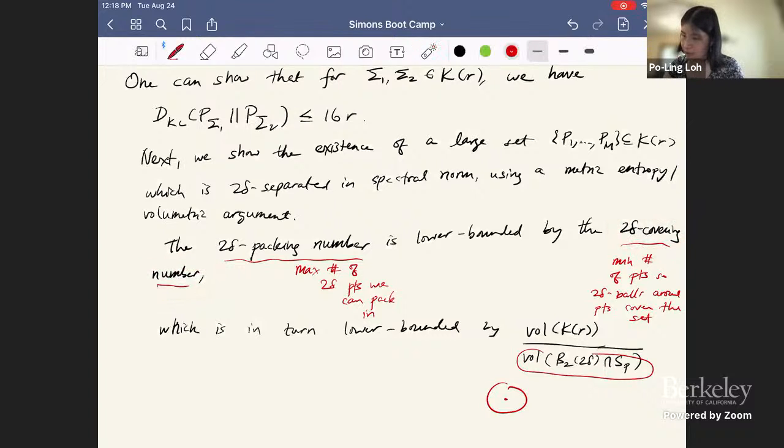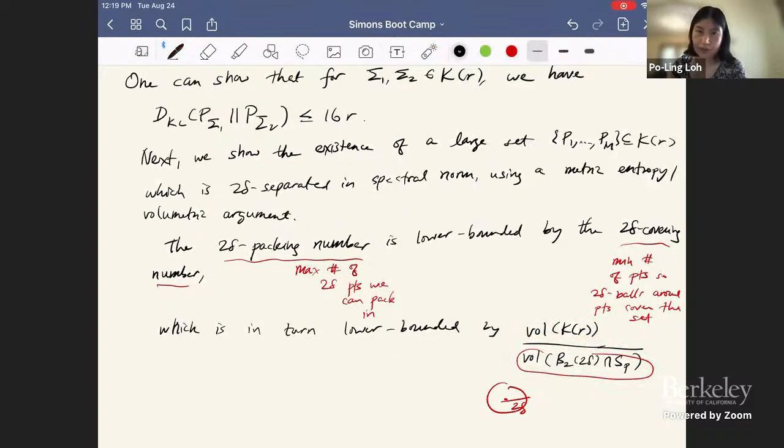So two delta covering tells me how many points are covered by a ball of radius 2 delta, right? So what I'm doing down here is I'm looking at the ball of radius 2 delta in the 2 norm, because I'm calculating everything in the 2 norm. I intersect with the PSD matrices, because that's really all I care about, and I take the total volume and divide it by this volume.